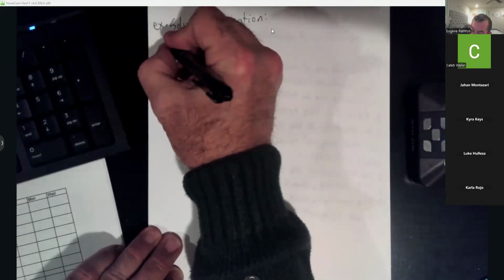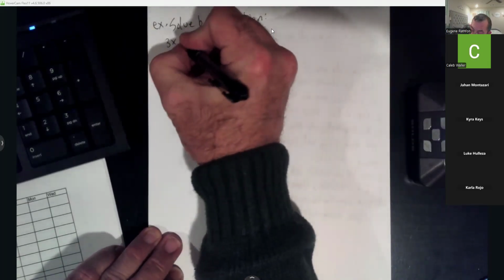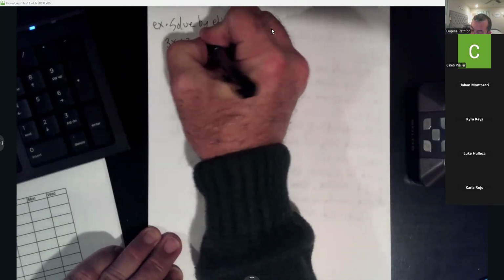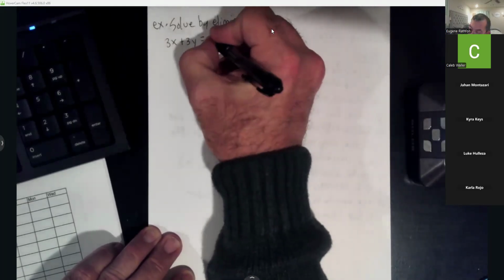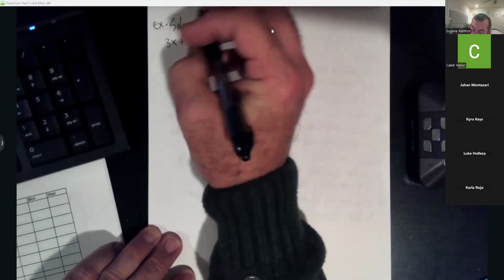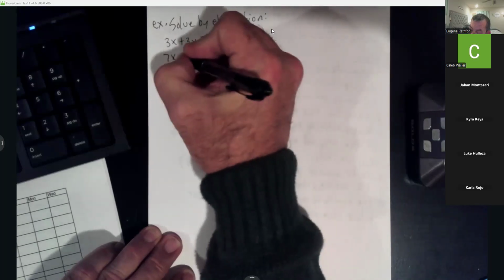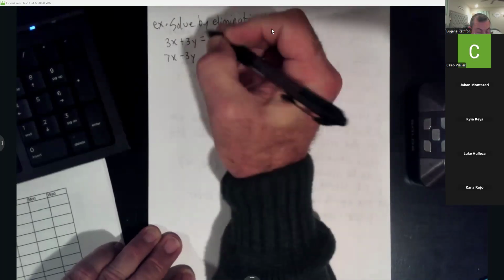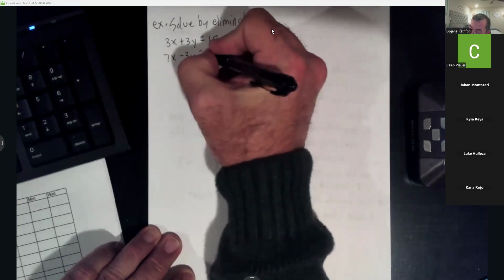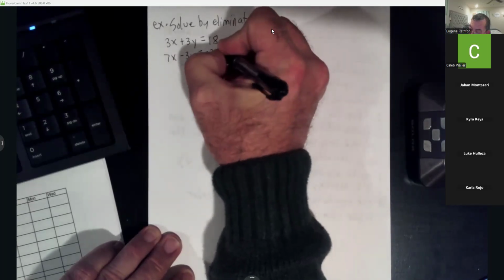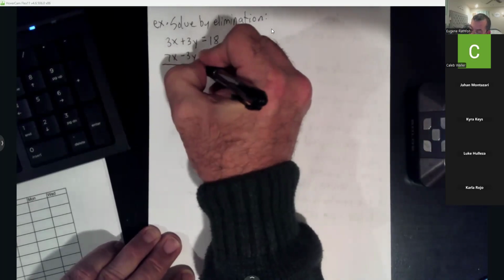All right, so the first equation, 3x plus 3y equals 18. 7x minus 3y equals a negative 28. So there's my 2 equations.